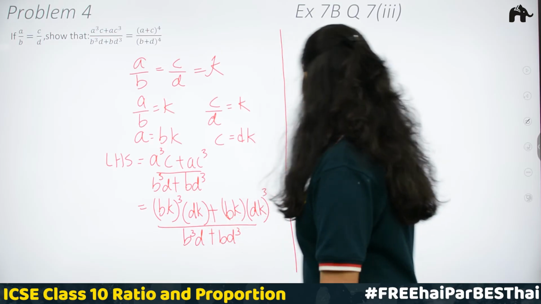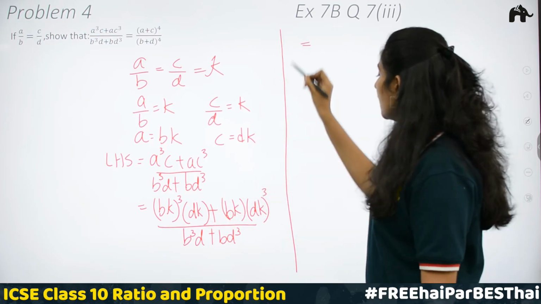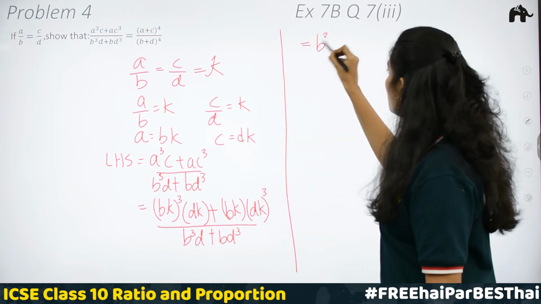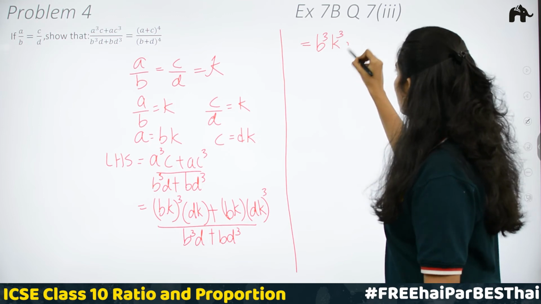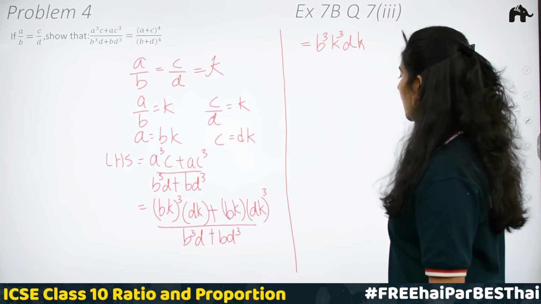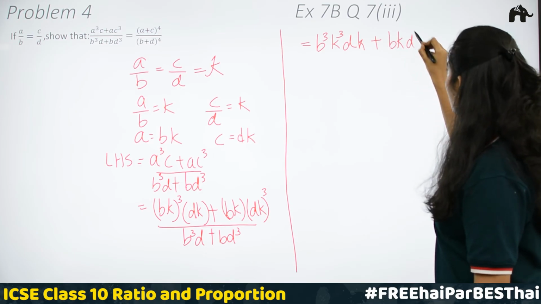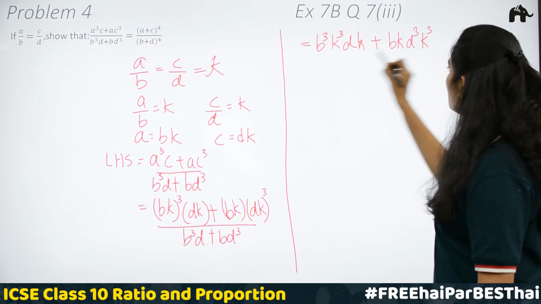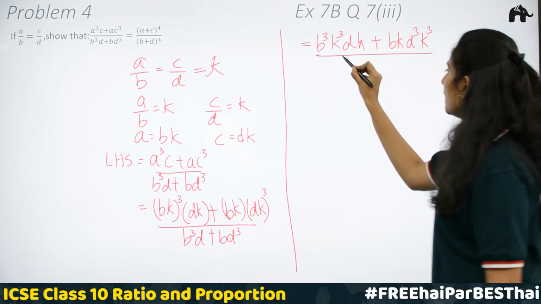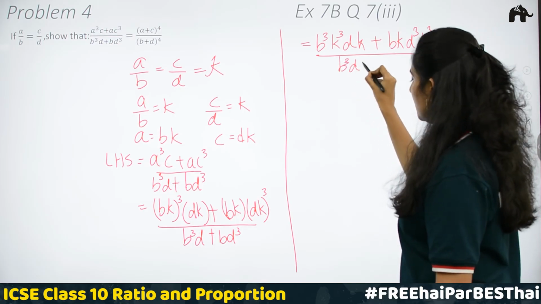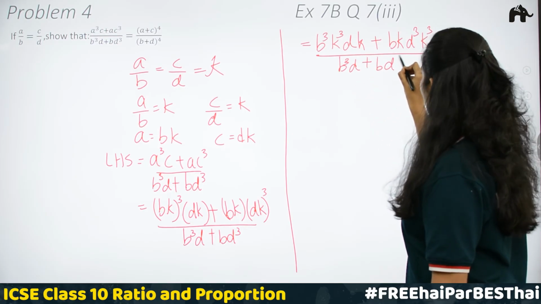This becomes B cube K cube D K plus B K D cube K cube divided by B cube D plus BD cube.